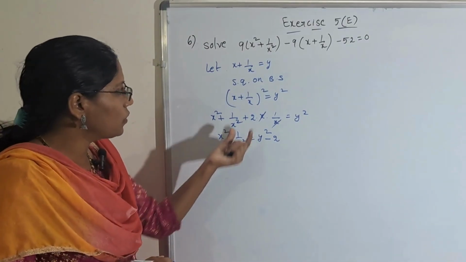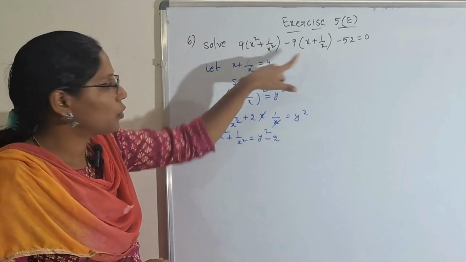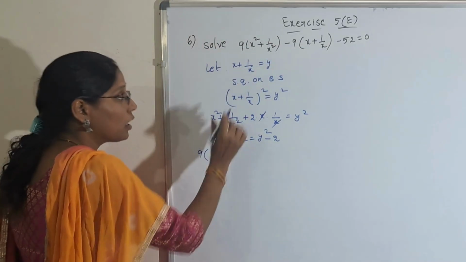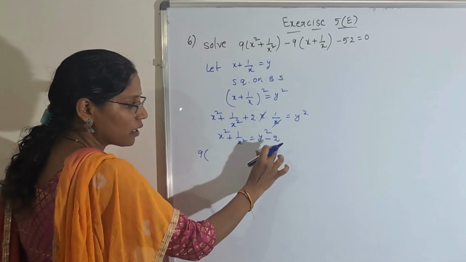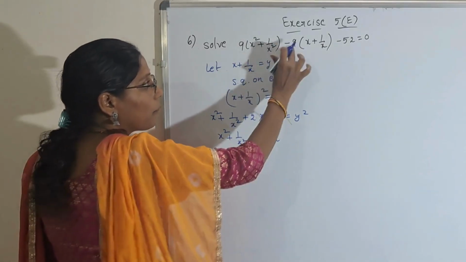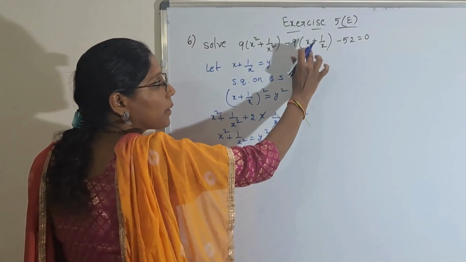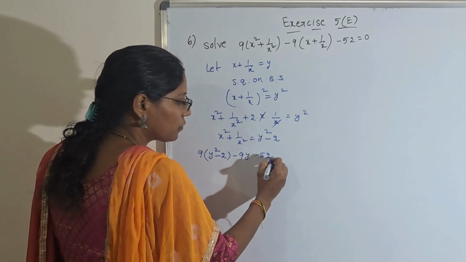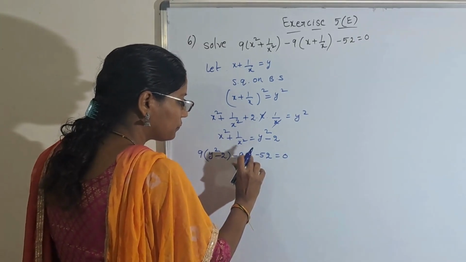Now we got this value and this bracket value. Both we have to substitute in this equation. Here 9 of (x square plus 1 by x square) value is y square minus 2, minus 9, this bracket value is y, minus 52 equal to 0.